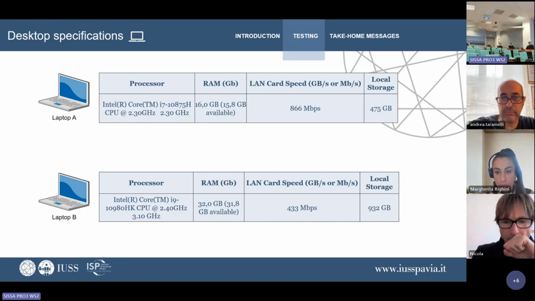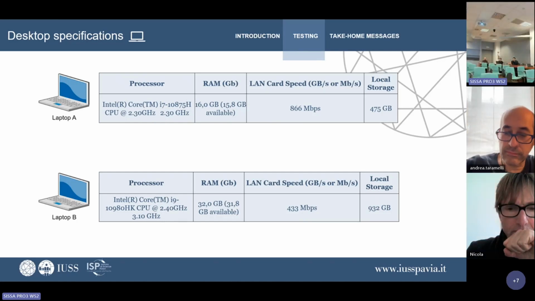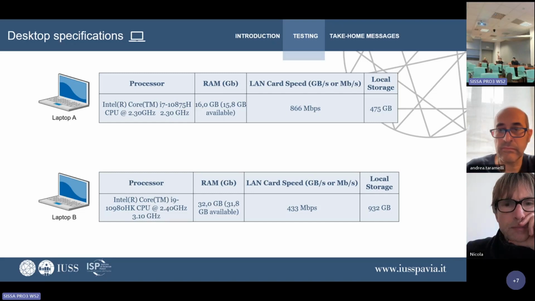Thank you, Margherita. We tested 2 different technical configurations implemented on 2 different laptops, and here you can see the specifications. Laptop A has an Intel Core i7 processor at 2.3 GHz, 16 GB of RAM, and almost 500 GB of local storage.